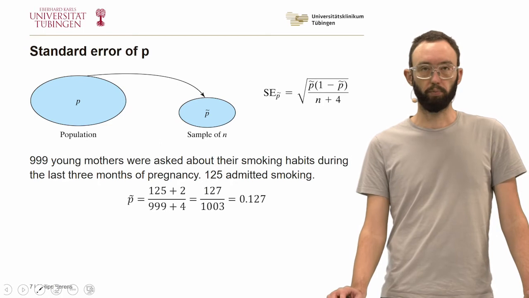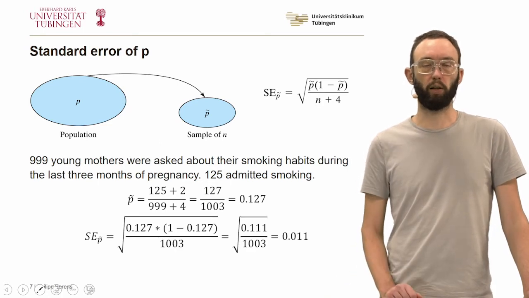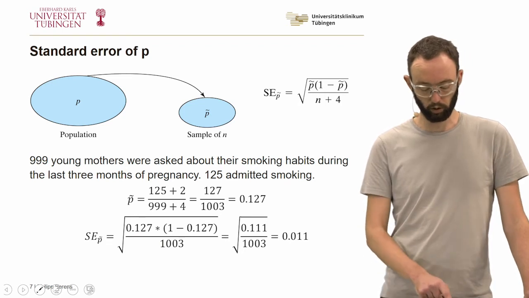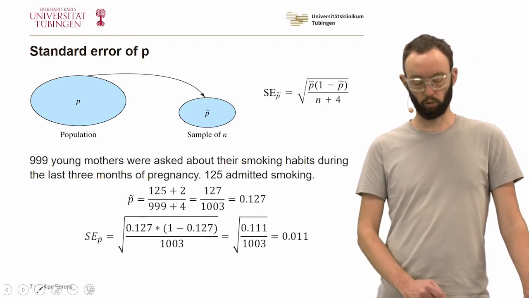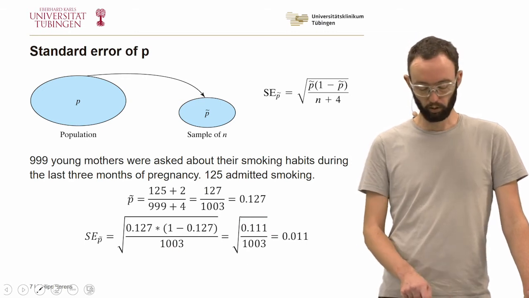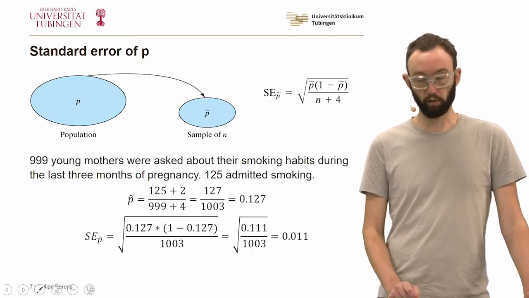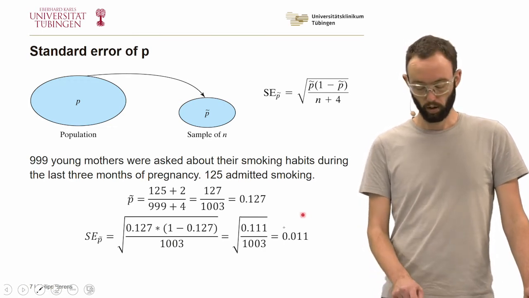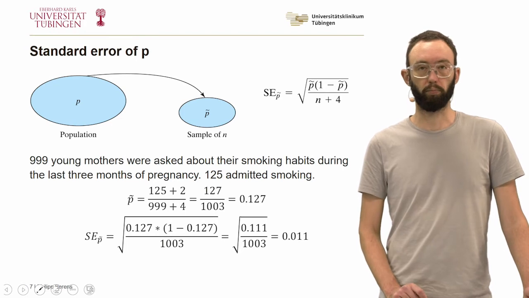Now for the standard error, we simply plug this value into our formula above. So 0.127 times 1 minus 0.127 is 0.11, and we divide by 1003. So our standard error of this estimate of the population proportion is 0.011.